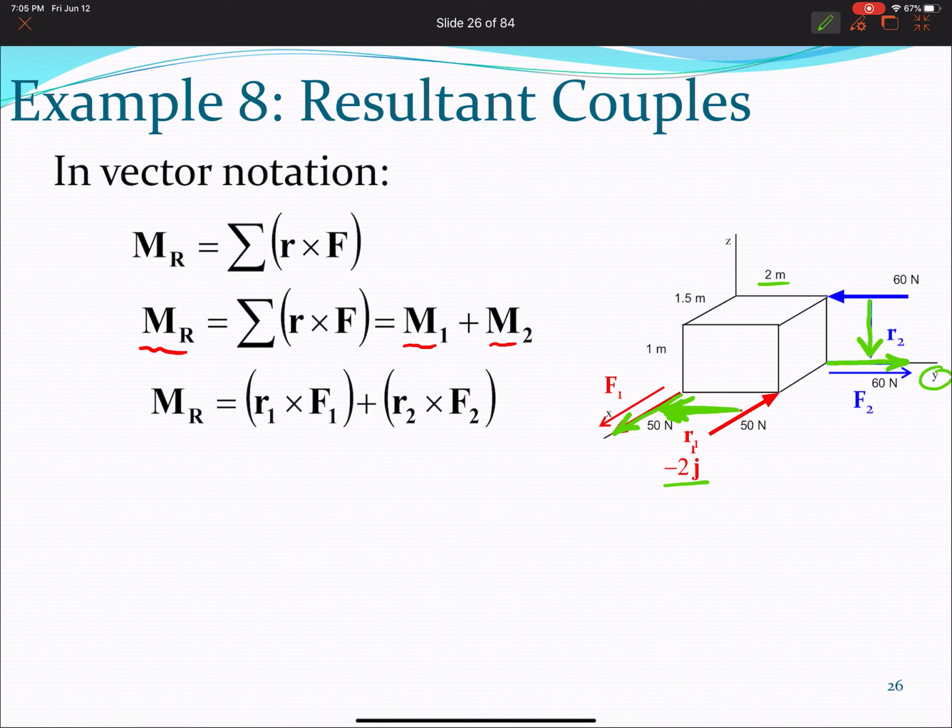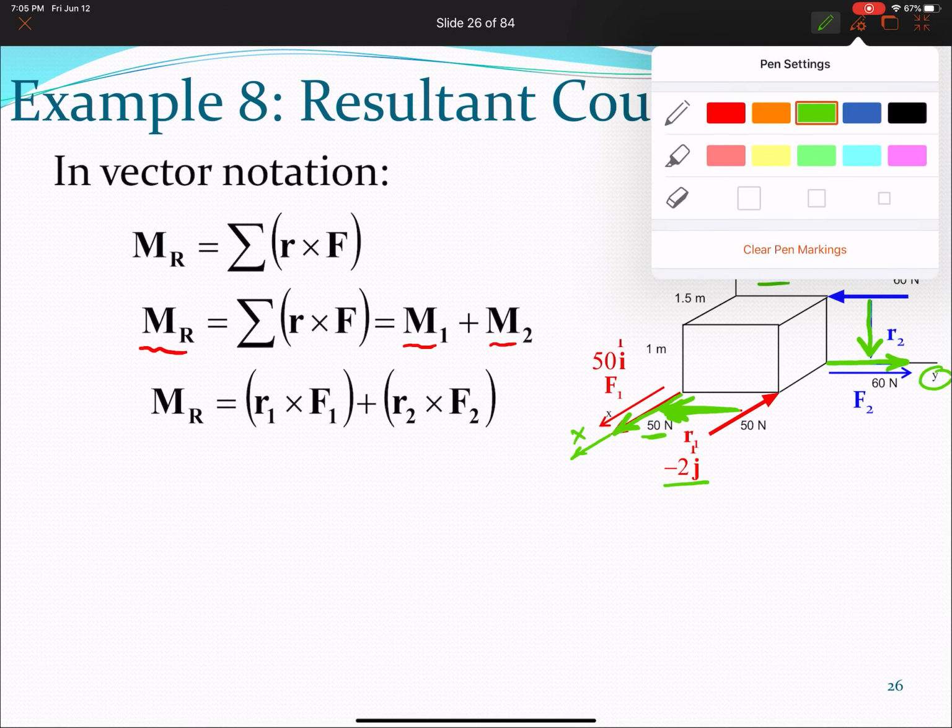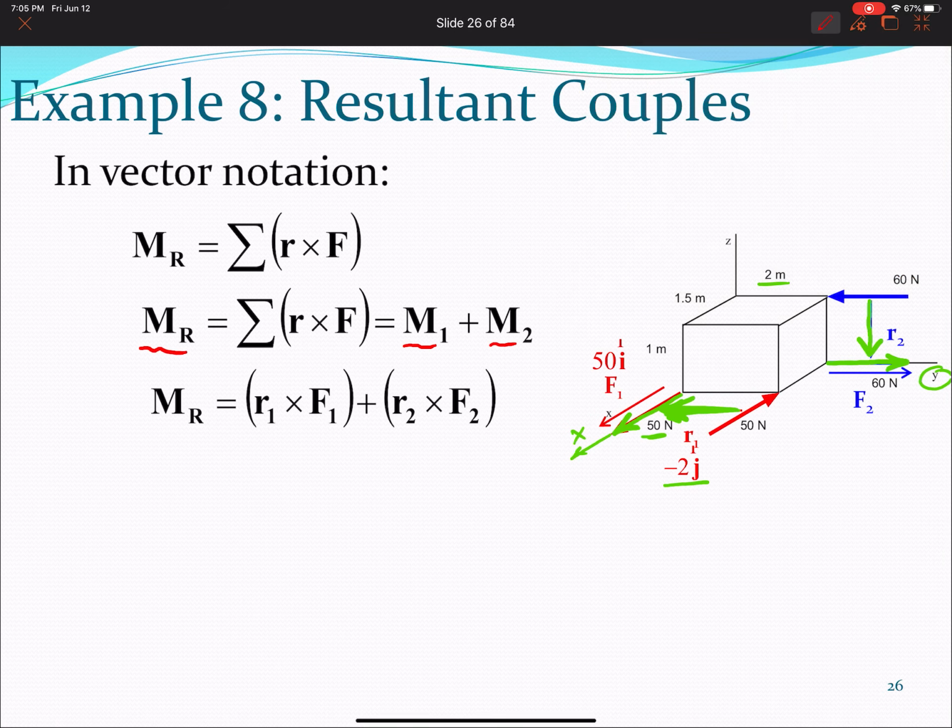And then we have to cross with the force F1, which is equal to 50 newtons in the positive sense of x, so it is 50 times i hat. So it is minus 2 times j hat crossed with 50 times i hat. That is our first moment.